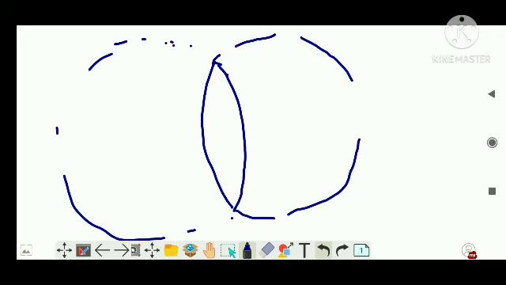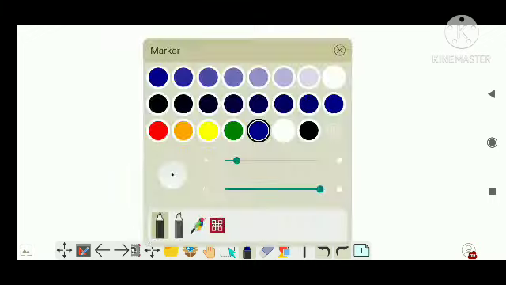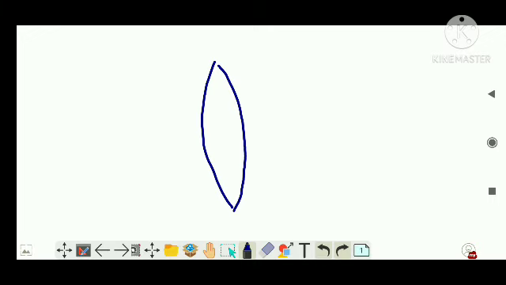This is just an imagination I have drawn for you guys to understand. Now let's remove the circle. The lens is kept in air. First of all, the derivation we are going to deal with is when it is in air, and usually the medium in which the lens is kept is air.